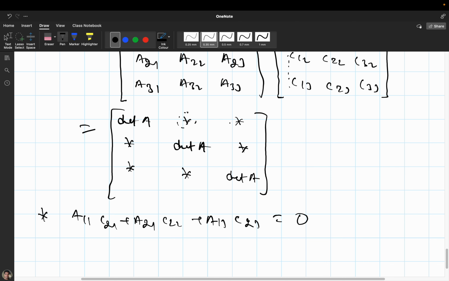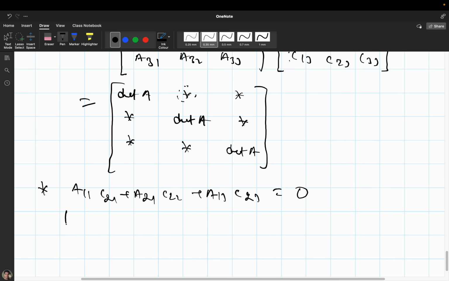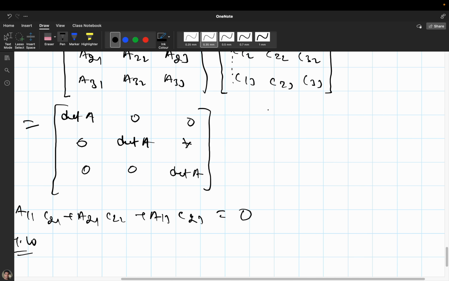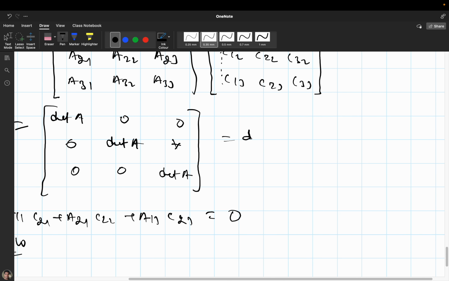Not only here, at this place also it is 0, and 0, 0, 0. Now it is your homework. You can check that these values are nothing but zeros. Okay, now take determinant of A outside.